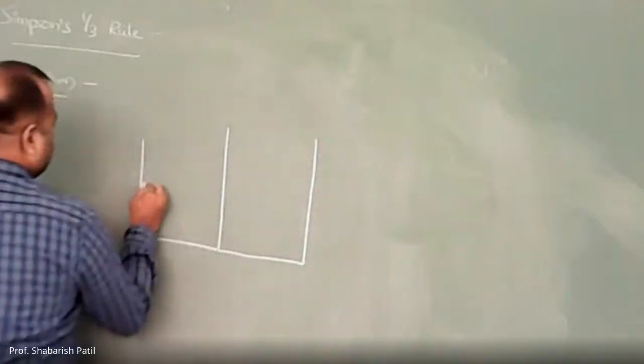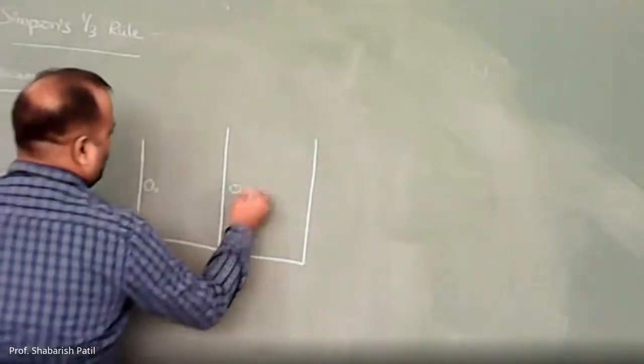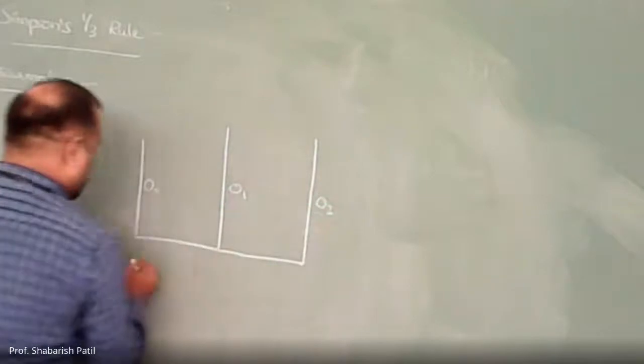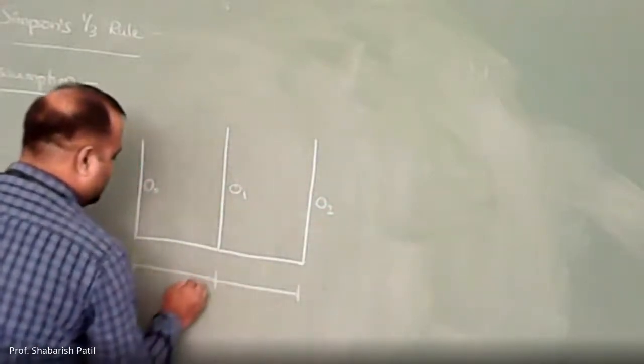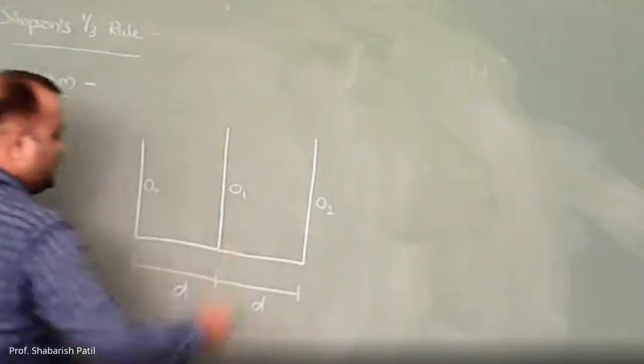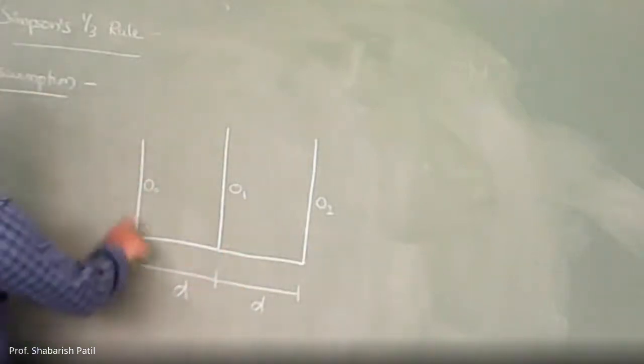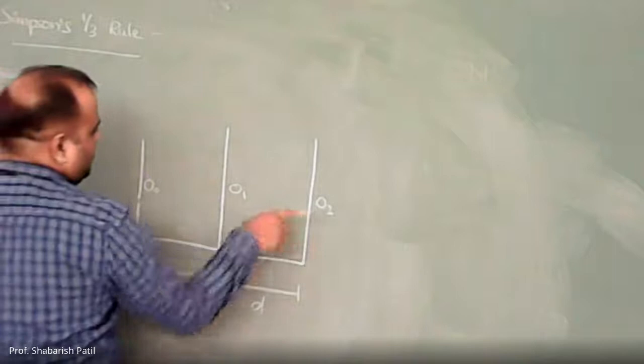So what I have is O0, O1, O2. Each segment is of length D. This is the first offset, second offset, third offset.